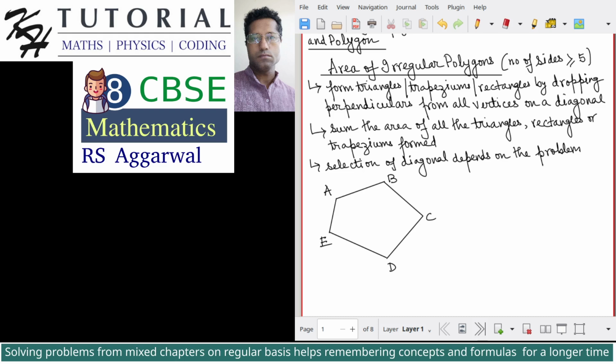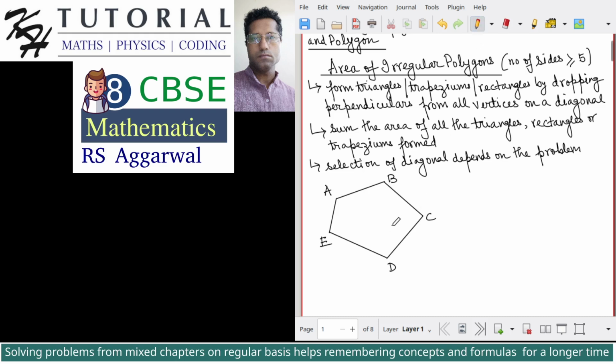So how is the area of an irregular polygon actually calculated using a diagonal and by constructing triangles, trapeziums, rectangles or even parallelograms? Let's consider ABCDE, an irregular pentagon.